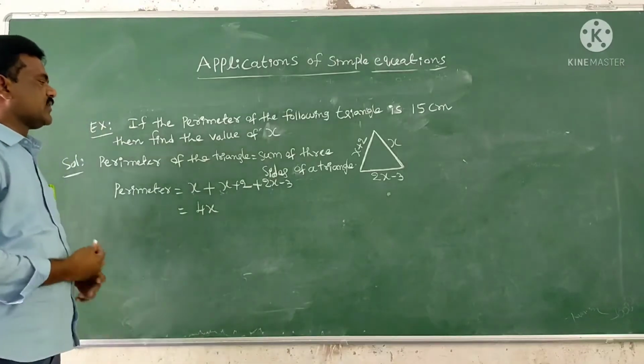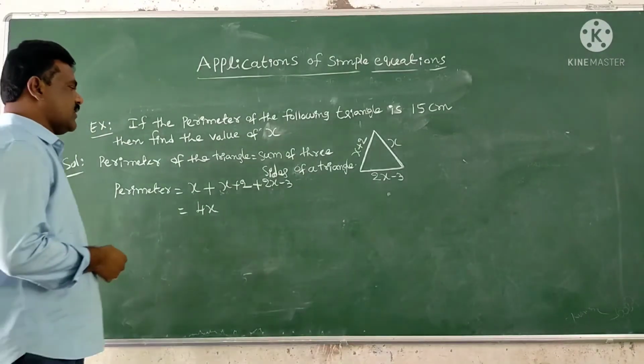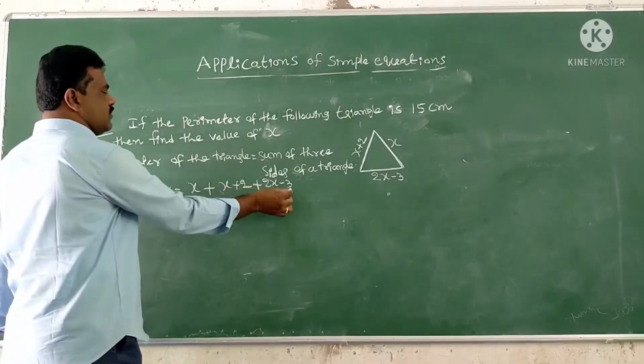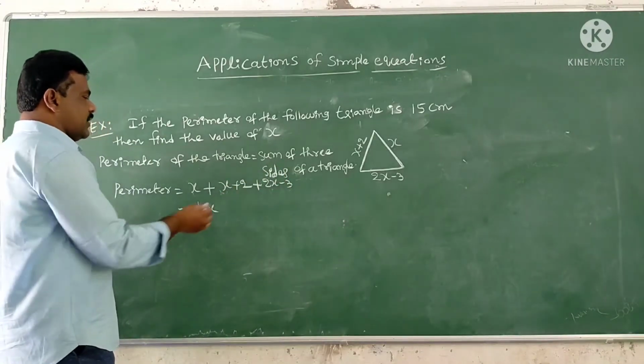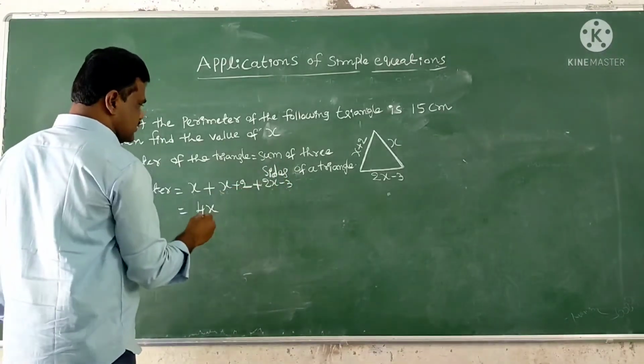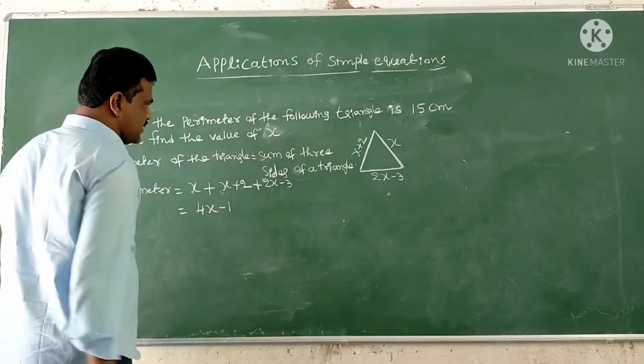Next, add the constants. What are the constants? Plus 2 minus 3 is equal to minus 1.